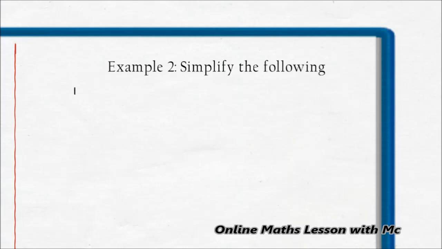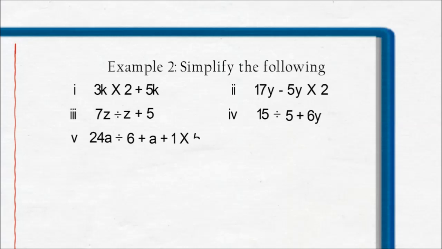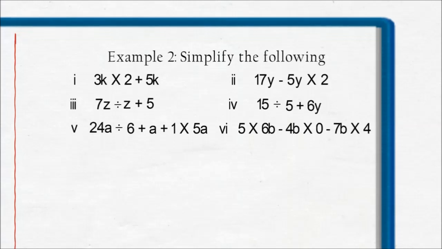Simplify the following. 1. 3k multiplied by 2 plus 5k. 2. 17y minus 5y multiplied by 2. 3. 7z divided by z plus 5. 4. 15 divided by 5 plus 6y. 5. 24a divided by 6 plus a plus 1 multiplied by 5a. 6. 5 multiplied by 6b minus 4b multiplied by 0 minus 7b multiplied by 4.